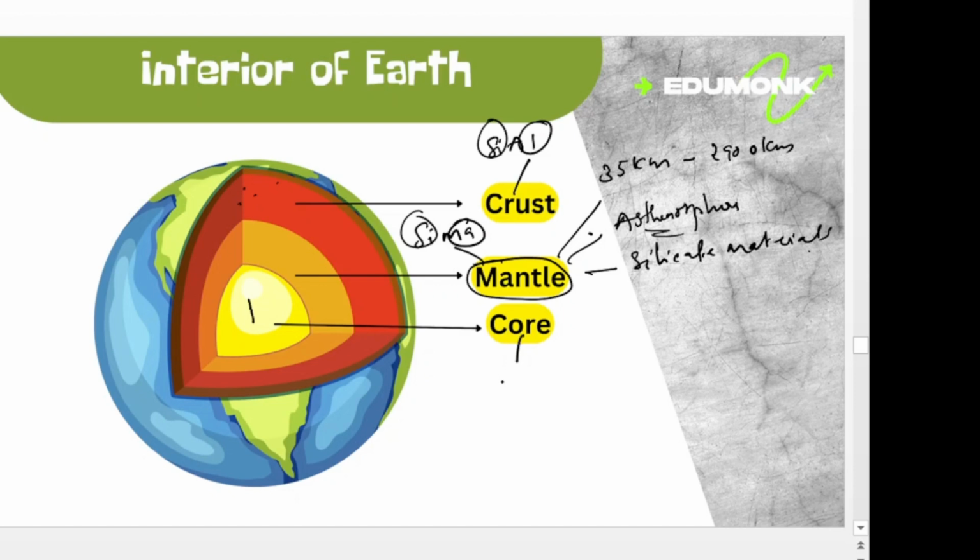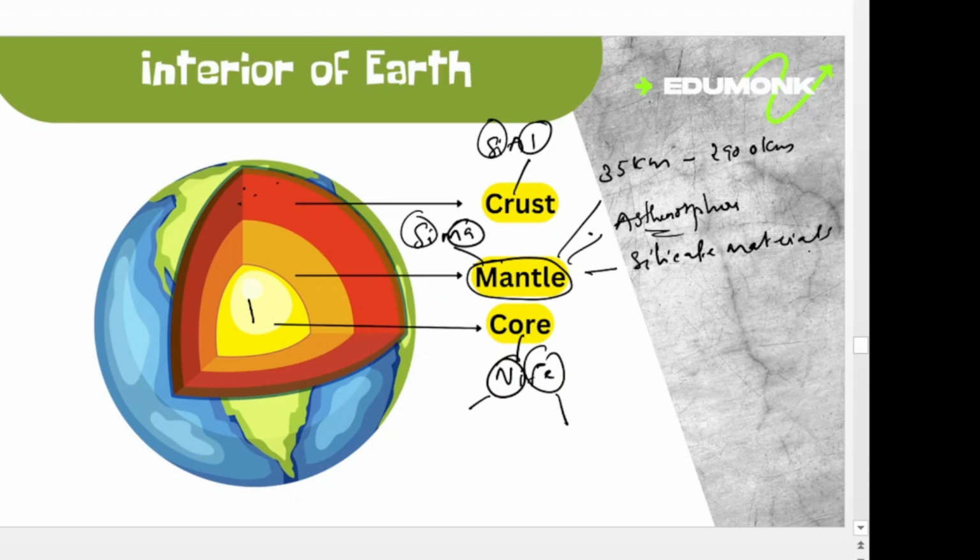In the core we can see Nife, that means nickel and iron. These kinds of materials are mainly composed in each particular layer. In the crust you will get the higher composition of silicon and aluminum. In the mantle you will get higher composition of silicon and magnesium. In the core you will get higher composition of iron and nickel.